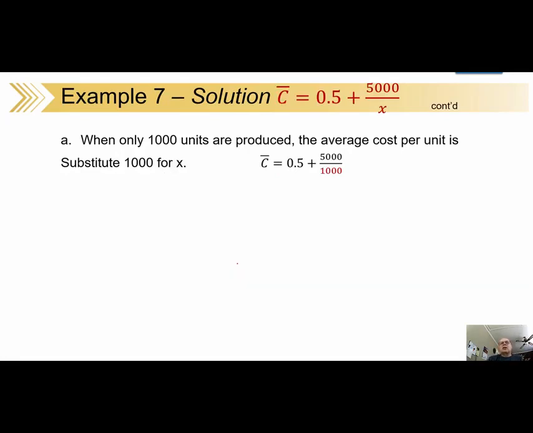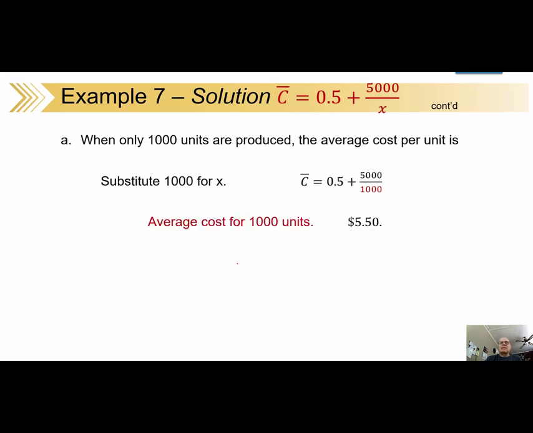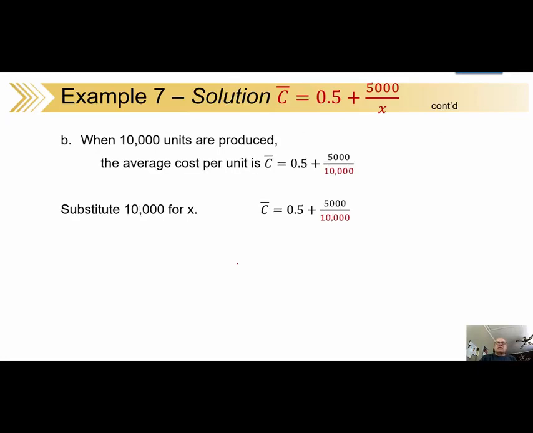Now, we get to actually start to work the problem. If you're producing 1,000 units, how much does it cost? All you have to do is put 1,000 in where the x is. It's going to cost you $5.50 for each of those pens, or whatever you're making, to actually make them. That's the average cost. So 1,000 units, each one on average costs you $5.50.